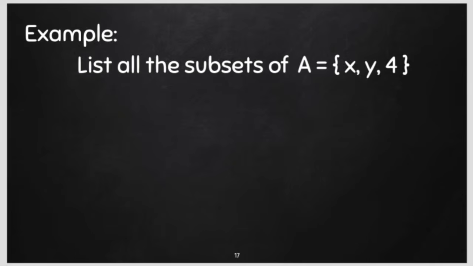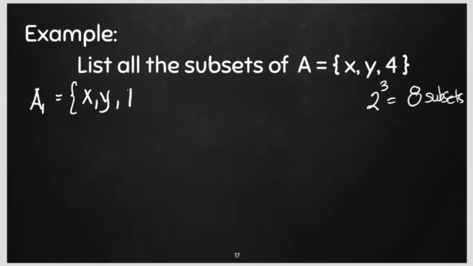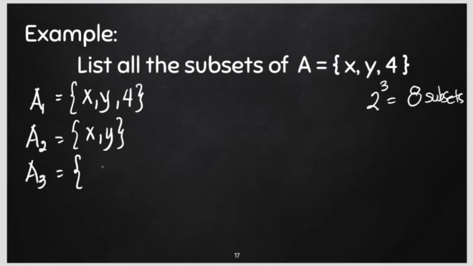Since there are 3 elements, we'd expect 2 to the 3rd power, which is 8 subsets. So let's start with A sub 1, which is itself, {X, Y, 4}, and A sub 2, {X, Y}. A sub 3, we have {X, 4}.